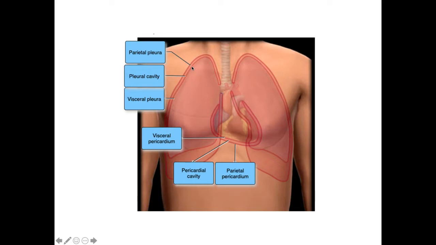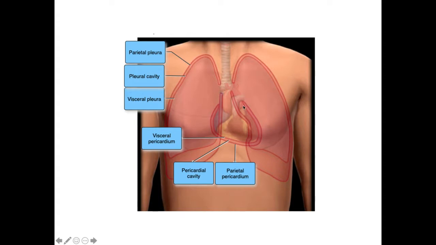Between the visceral and the parietal layer, if we're talking about the lungs, this is the visceral pleura and this is the parietal pleura. Pleura means lung, and in between is the pleural cavity, which is just the space between the two.